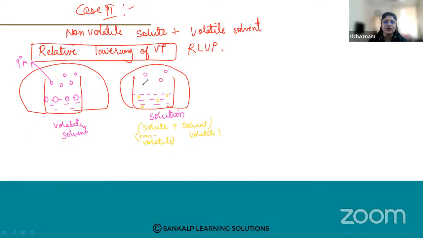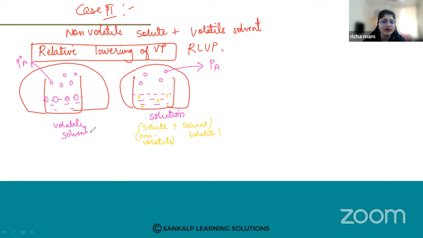These vapors, how will I represent them? I'll represent them as PA, because these are not in pure state. Why are they not in pure state? Because it is combined in solution, as the solute is also present.